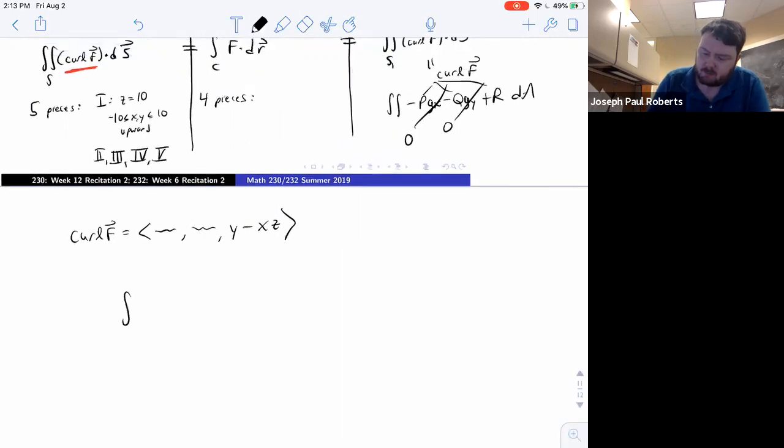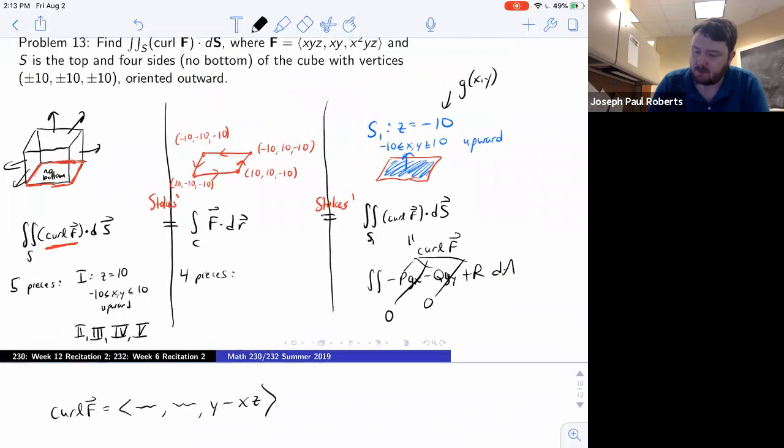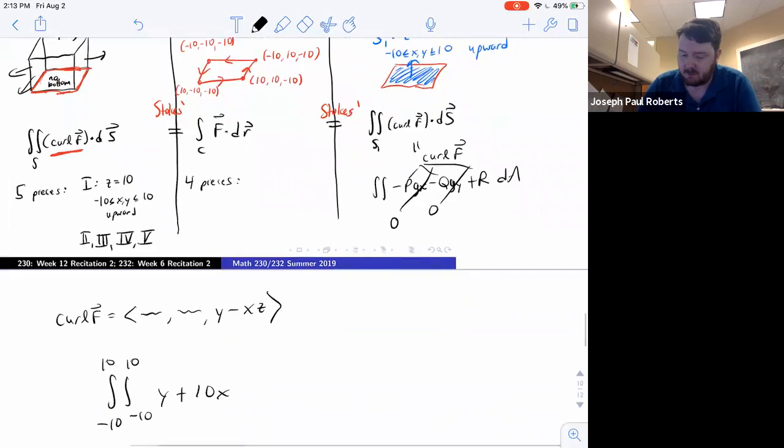So I'm doing the double integral from minus 10 to 10, minus 10 to 10 of y plus 10x. Remember, z is minus 10. We're doing a dy dx double integral.